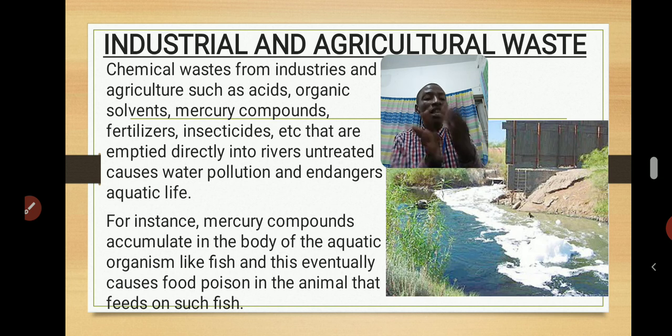All these wastes get thrown down into the river, or they get washed into the river. So the issue is, when they get to the river, what do they do?